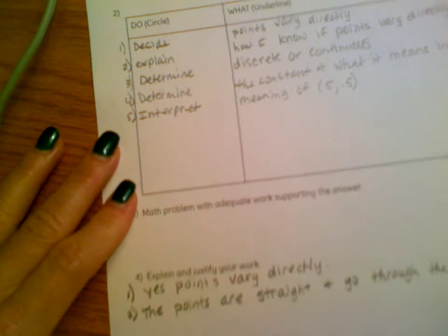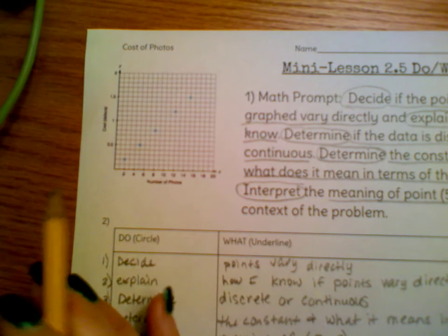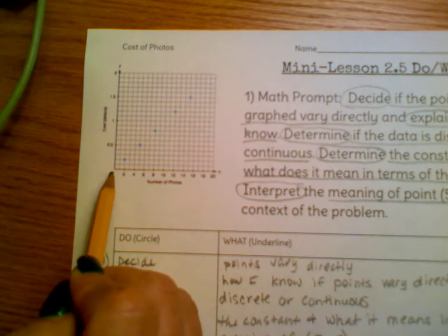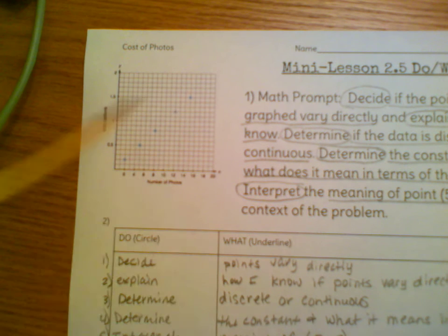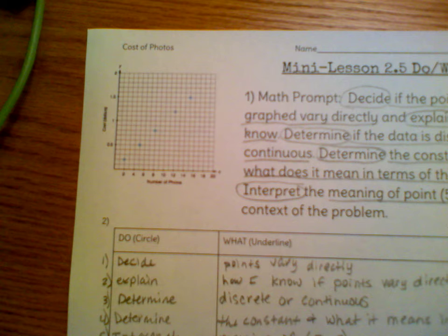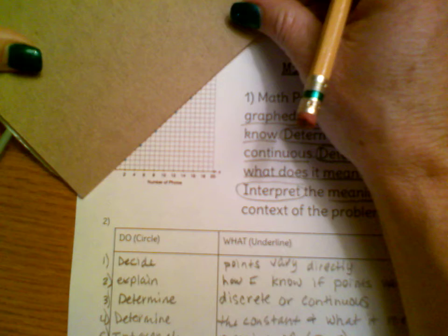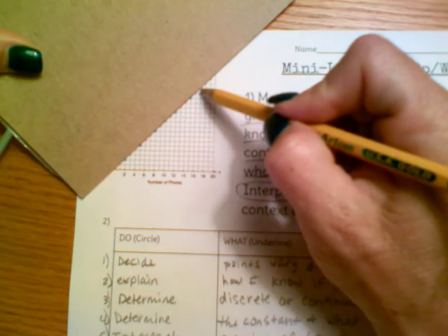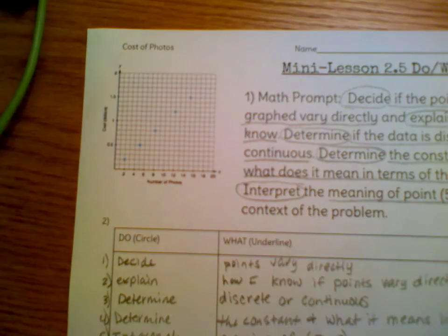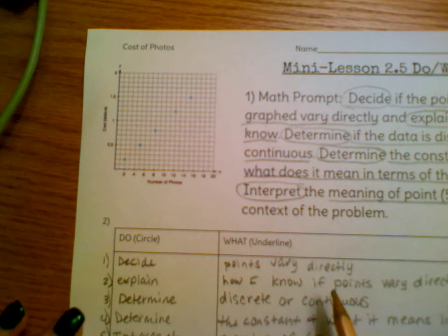Now, some of you might say, but, Mrs. DeClark, there's blue dots here, and there is not a blue dot at the origin. However, if I were to take a straight edge and extend it, there would be dots that would go through the origin. So if I just kind of line these up, you can see there would be a dot at the origin, and there could be more up here yet too. So it is direct variation.